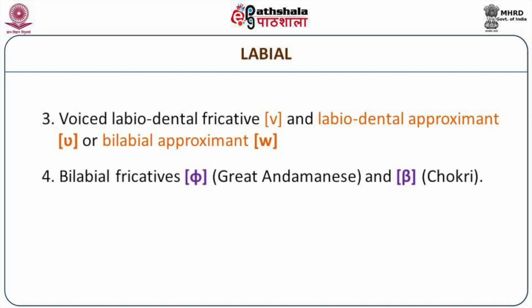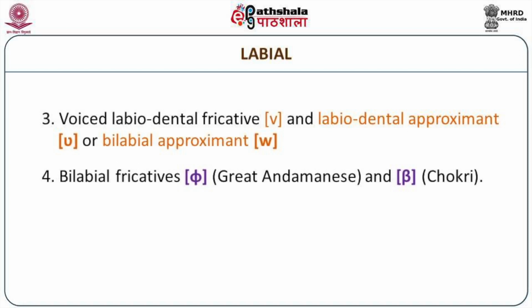Similarly, we also have some languages where we have some very difficult sounds, such as f and v. There are Indian languages in which we have all of them. Thus, Greater Andamanese has a very infrequent sound, namely f, as a distinctive sound.